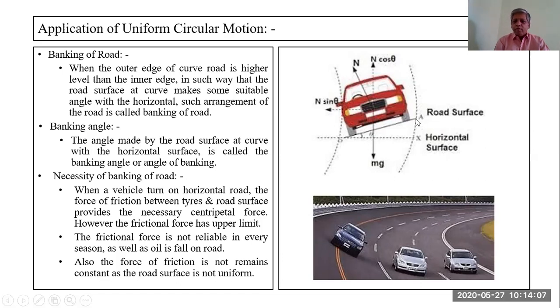Such an arrangement of the road surface, making a suitable angle with the horizontal surface, is called the banking of road, and the road at the curve is called the banked road. Here the angle theta made by the road surface OA with the horizontal surface OX is called the banking angle or angle of banking.